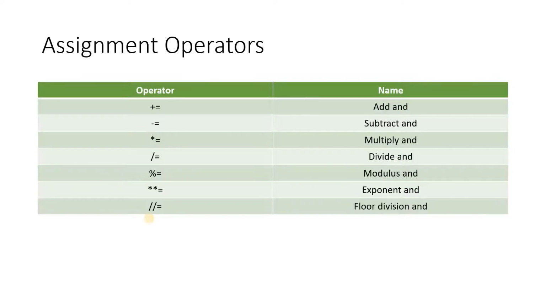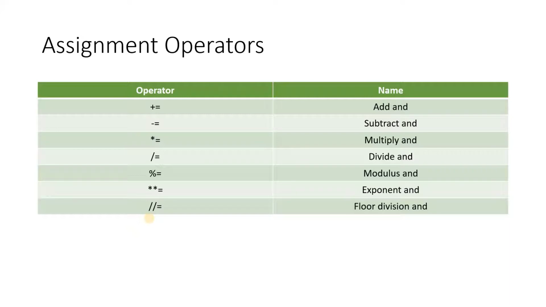Next comes the assignment operators: add, subtract, multiply, divide, modulus, exponent, and floor division assignment are the assignment operators in Python. The difference between arithmetic operators and assignment operators is that in arithmetic operators, the values don't get updated dynamically, but in assignment operators, the value gets changed dynamically.